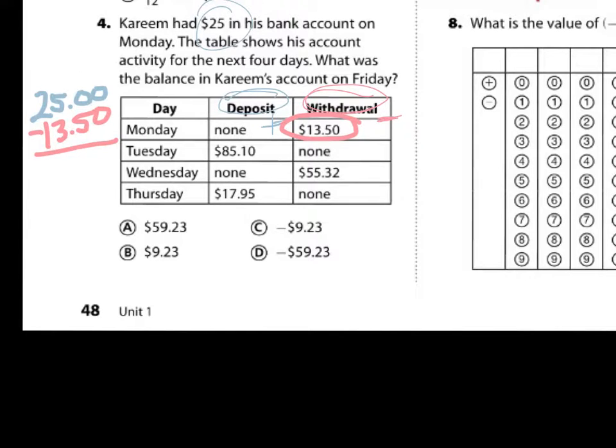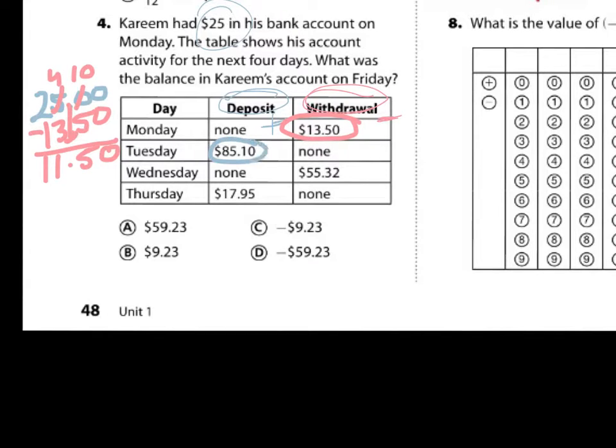Well, 0 minus 0 is 0. I can't subtract 0 minus 5. You're going to have to borrow. 5 becomes a 4. 10 minus 5, that's 5. Bring down your decimal. When adding and subtracting decimals, you just bring it down. 4 minus 3 is 1. There. So $11.50. $25 minus $13.50 gives me $11.50 left.